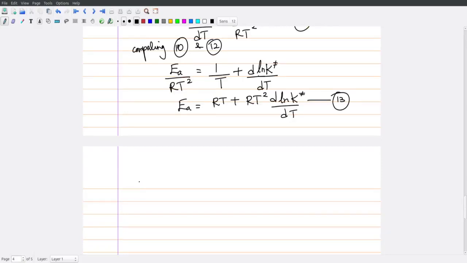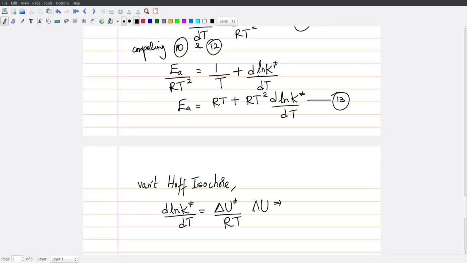Now from a thermodynamic relationship known as the van't Hoff isochore, we have d ln K dagger by dT equals delta U dagger by RT square, where U is your internal energy change.